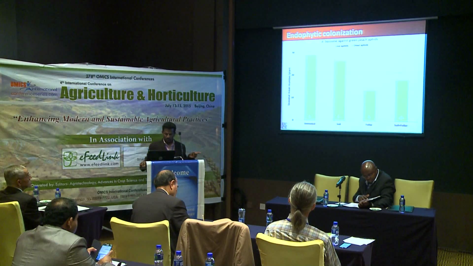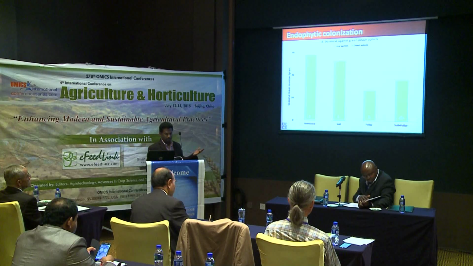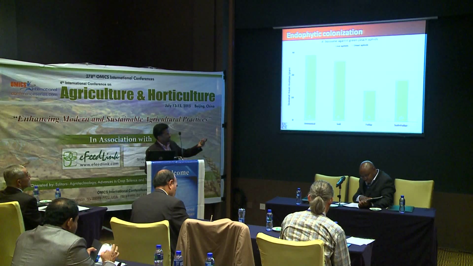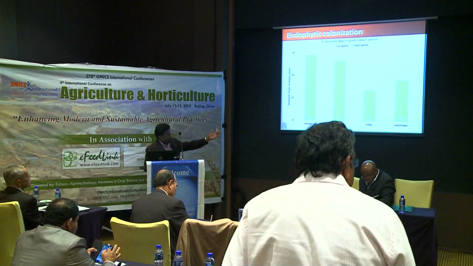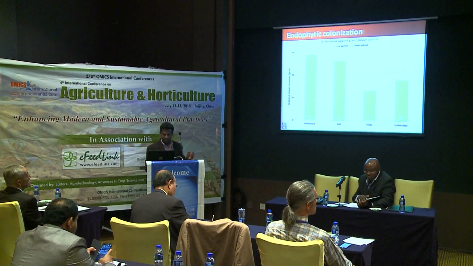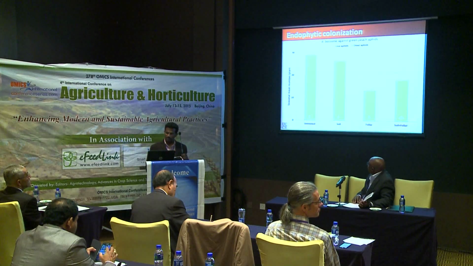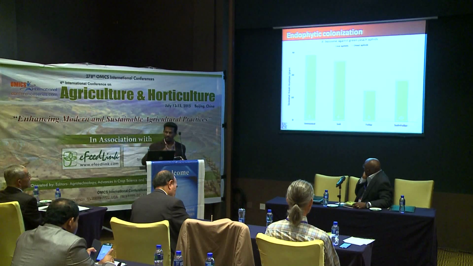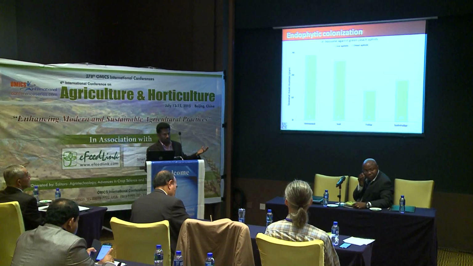So this is what I have in terms of live green peach aphids. We used green peach aphids as a model to see if the fungus inside the plant has any impact. You do not see a statistically significant difference between untreated and soil treatment, but when it was applied to the soil, the fungus colonized, as we saw in the previous experiment, and it did have some impact on survival.